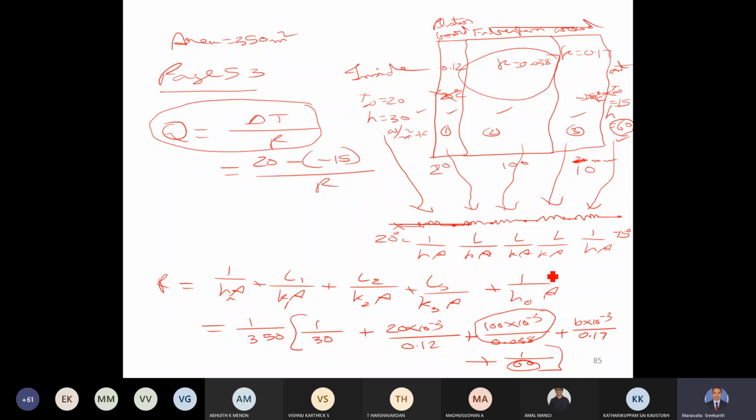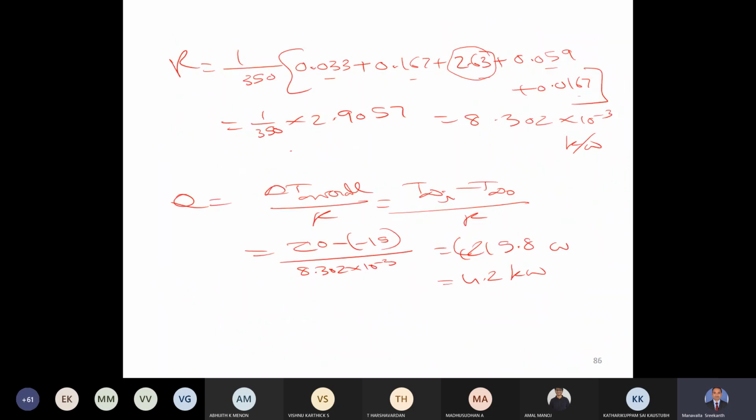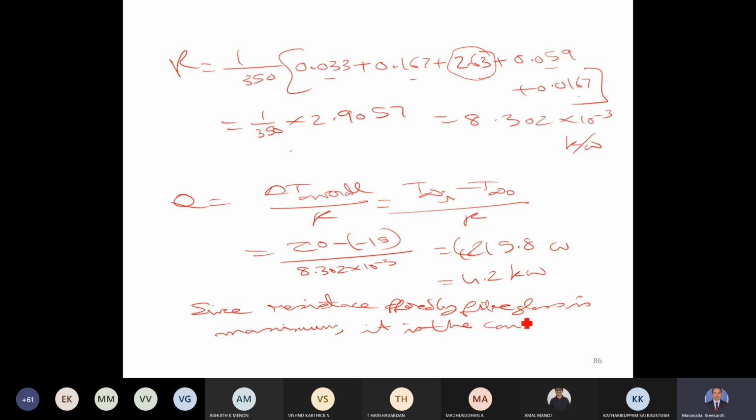That means the fiberglass is offering the maximum amount of resistance, and therefore that is the one which controls. Therefore, since the resistance offered by fiberglass is maximum, it is the controlling resistance.